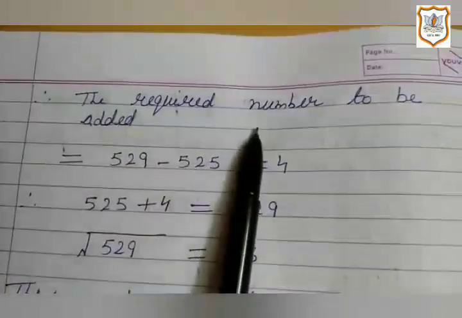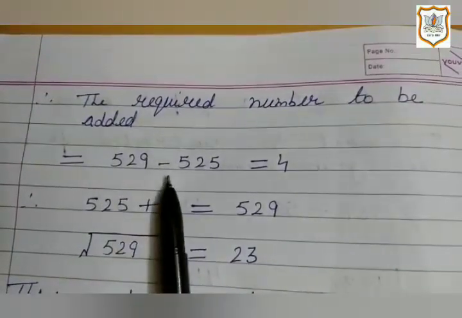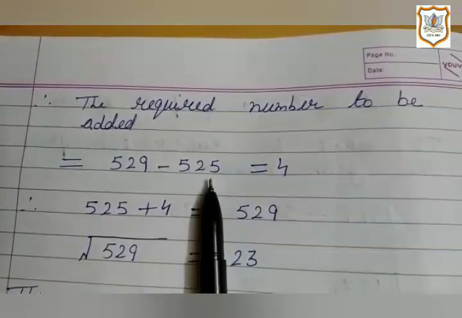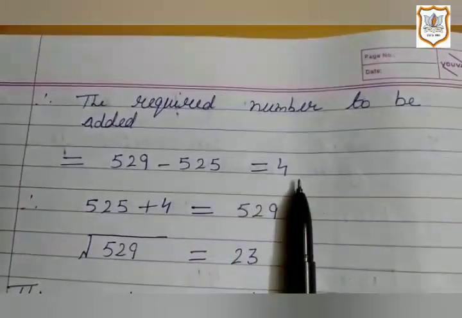The required number to be added is 529 minus 525. When we subtract 525 from 529, we get 4.